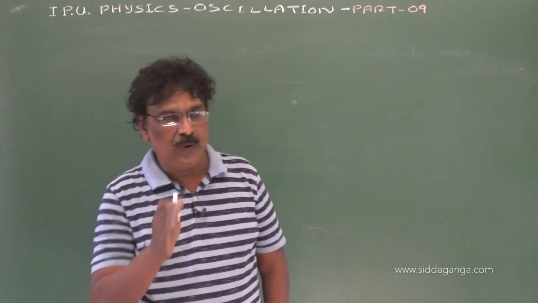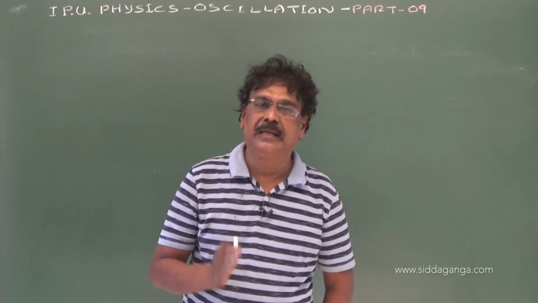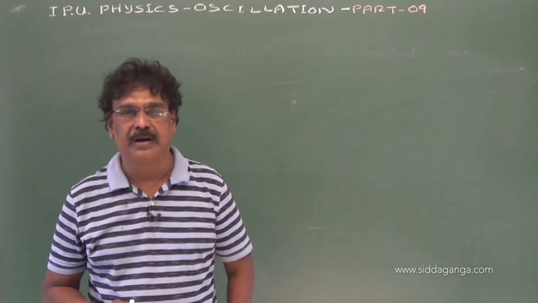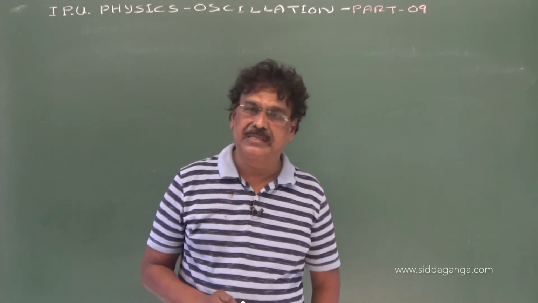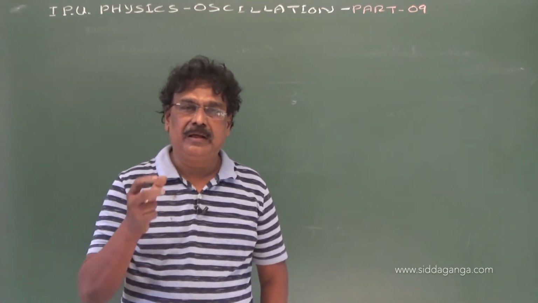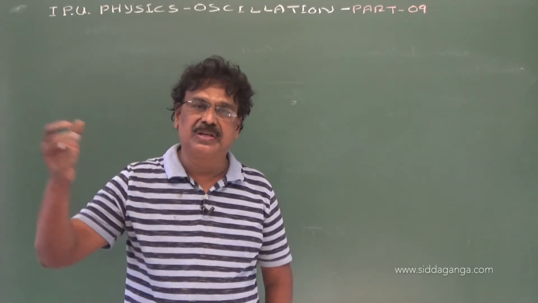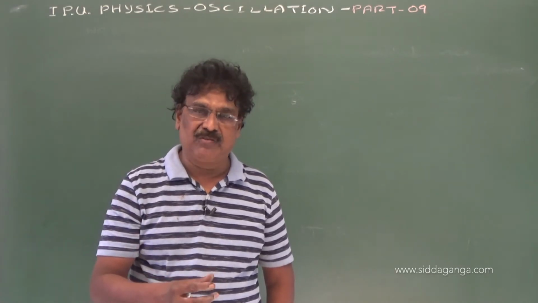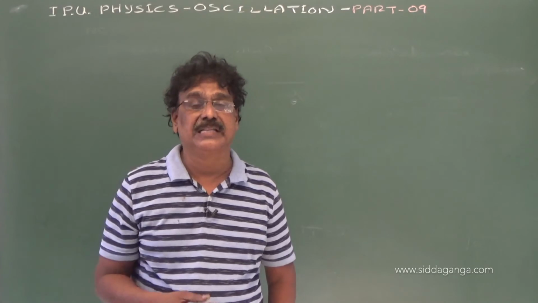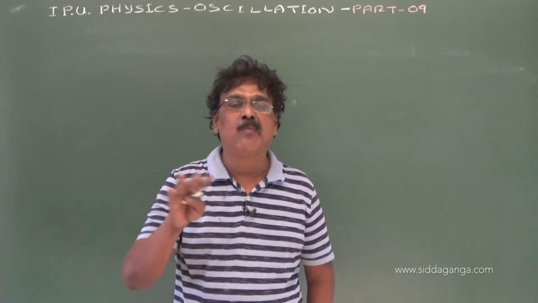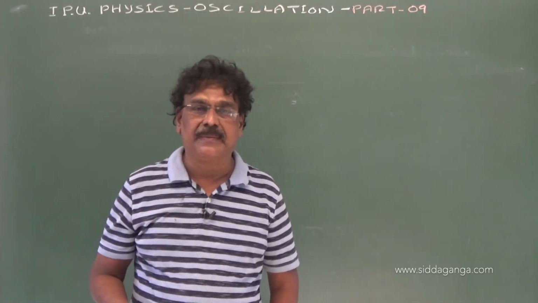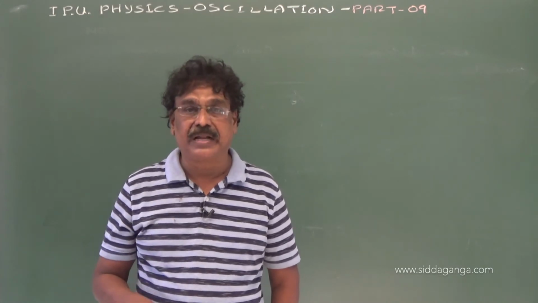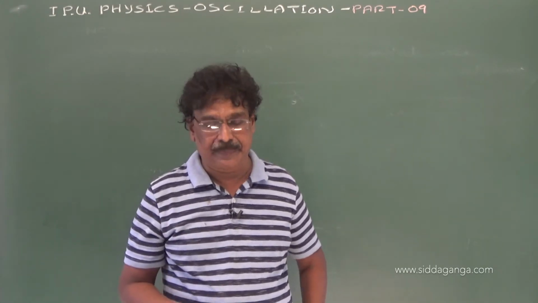So when we consider the initial position of a body where potential energy is 0, when we need to change the position of the body, we need to apply a force, and the applied force produces displacement, and this amount of work done on the body appears as potential energy of the body, right?